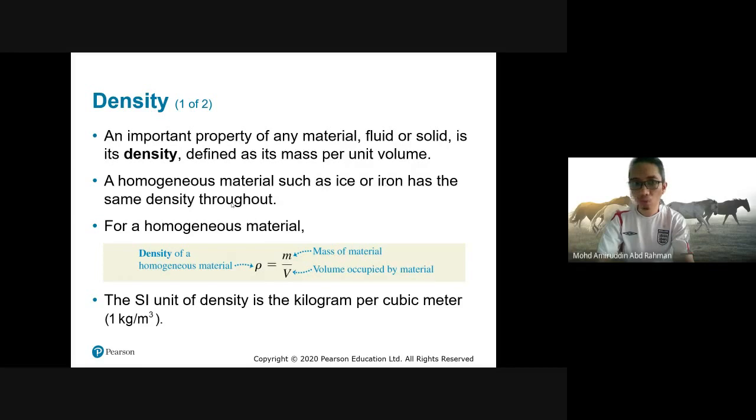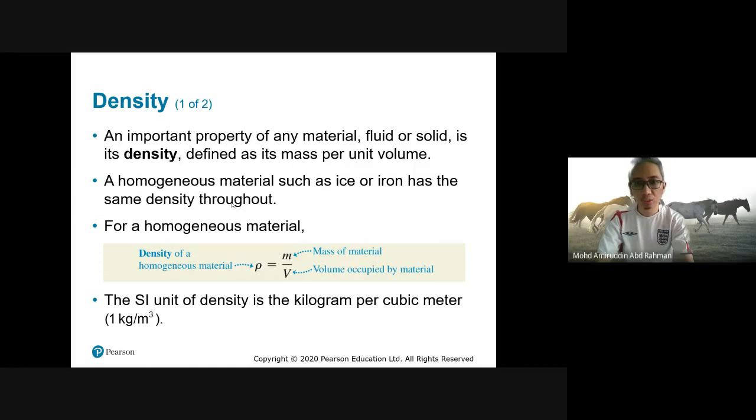The density will be similar for a homogeneous material. A homogeneous material is one that has similar composition throughout, such as ice.